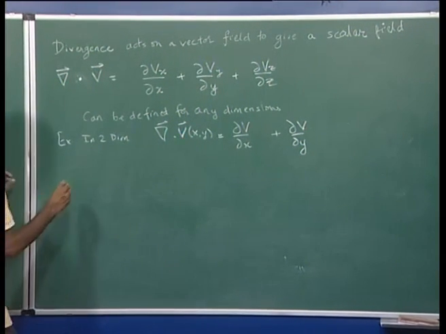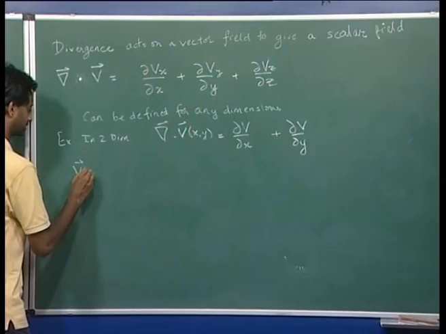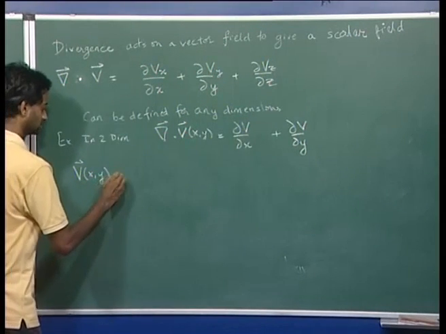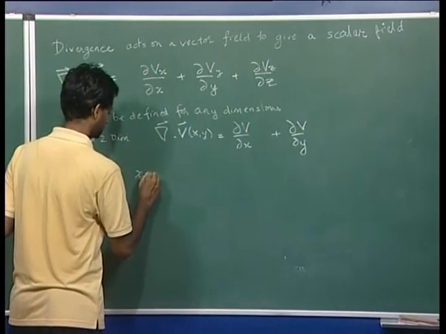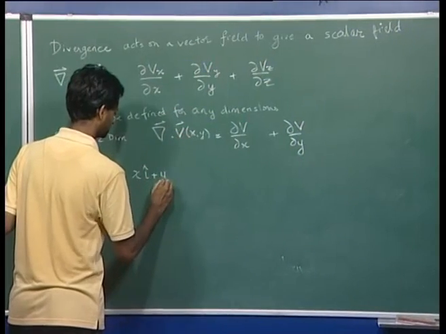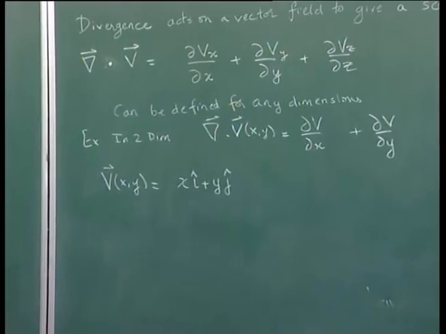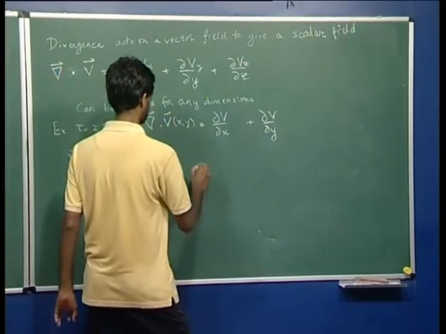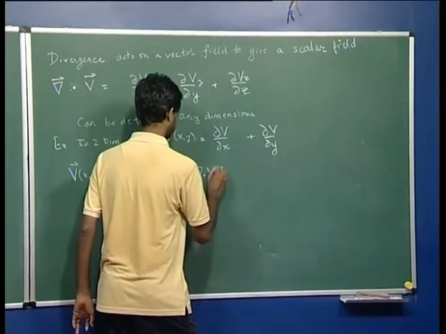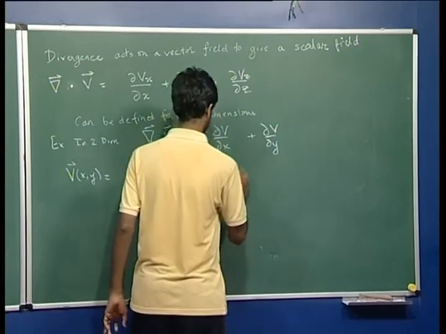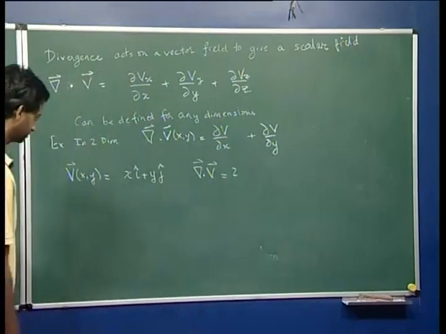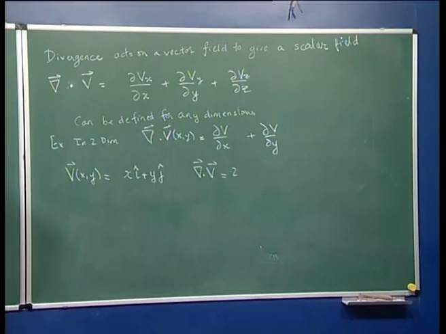So, let us take, suppose, v of x y is equal to x i plus y j. Okay. Then you can immediately see that del dot v equals 2. Okay. So, del dot v equals 2.